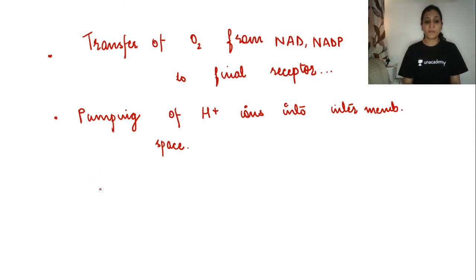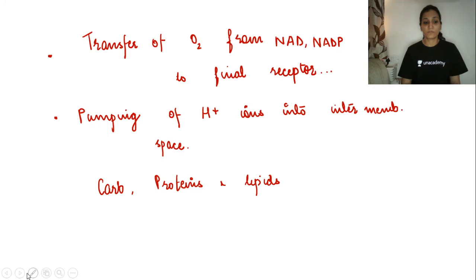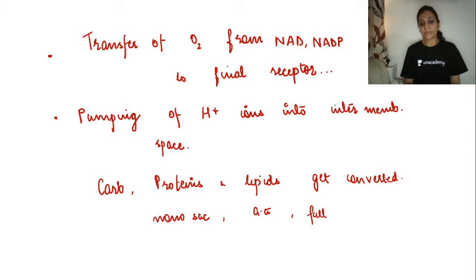Now let us see that carbohydrates, proteins and lipids get converted into simpler forms: carbohydrates into monosaccharides, proteins into amino acids, and lipids into fatty acids.